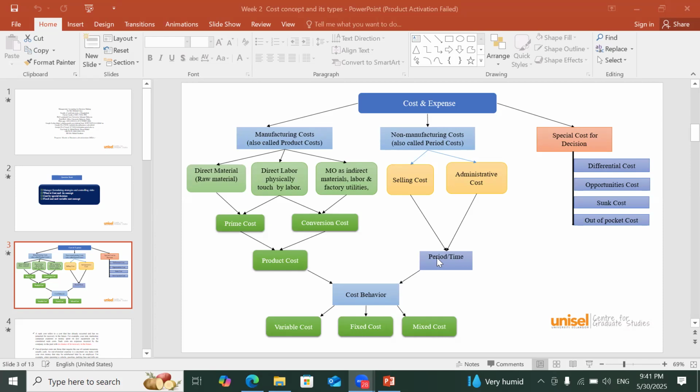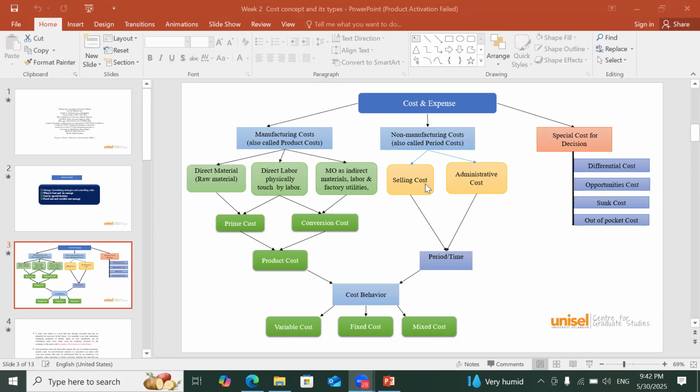Period or time cost comes from selling cost and admin cost. The selling cost is for selling purposes. Say for example, traveling cost, showroom cost, advertising cost, delivery van cost, promotional cost, salesman commission.